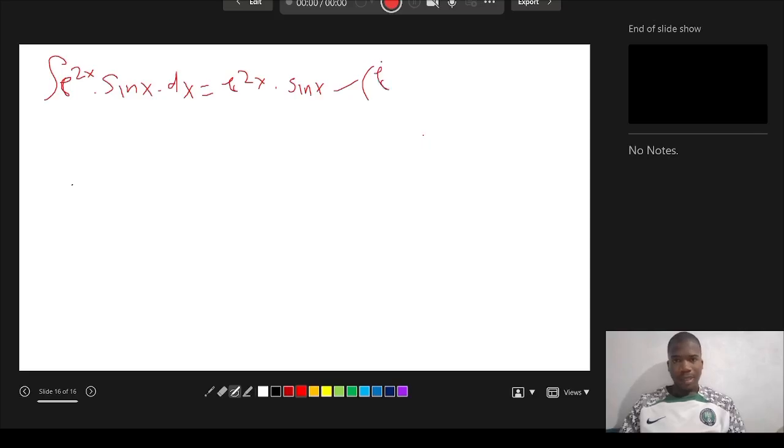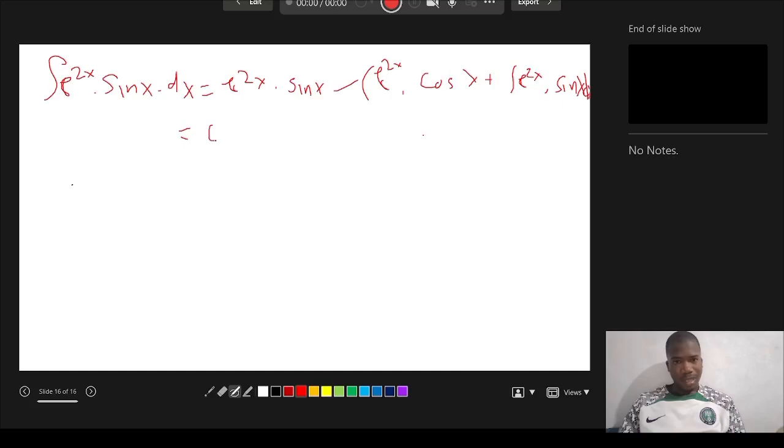Minus e to the power 2x multiplied by cos x plus the integral of e to the power 2x multiplied by sine x dx, right?